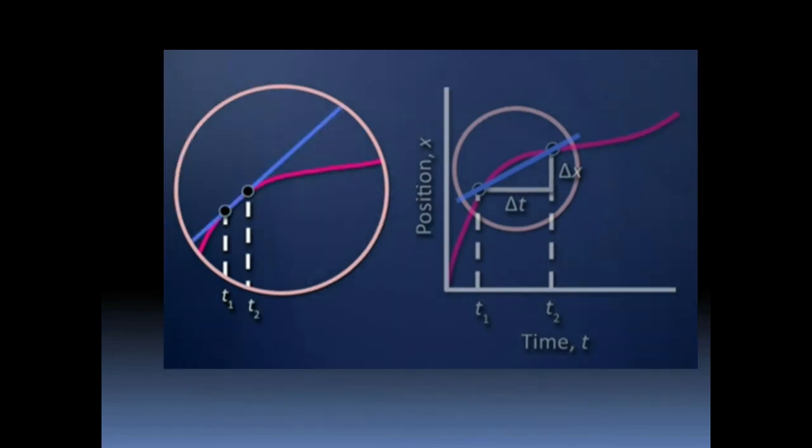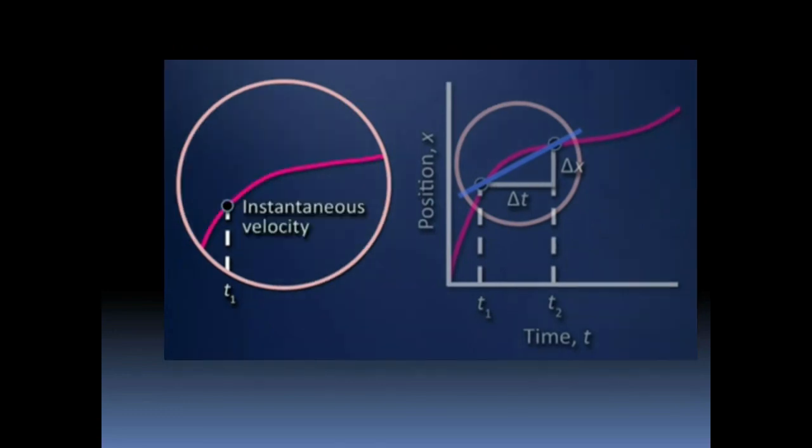Right now, if I go back, this would be the average between these 2 points, but it's getting very close to instantaneous at t1, even at t2. So the further apart they are, the less detail you get of the motion at any particular point. So bring the points together, draw a tangent line. Now I didn't draw the tangent line in here, but it should just kiss this curve right here.